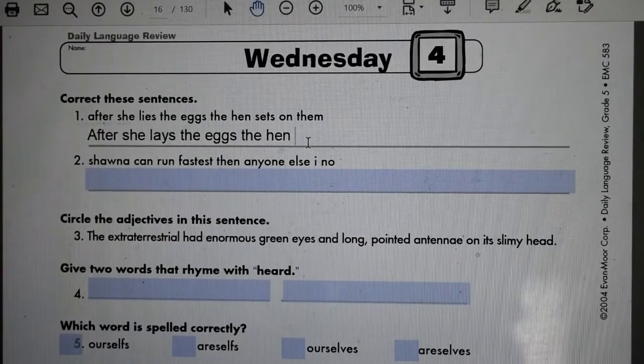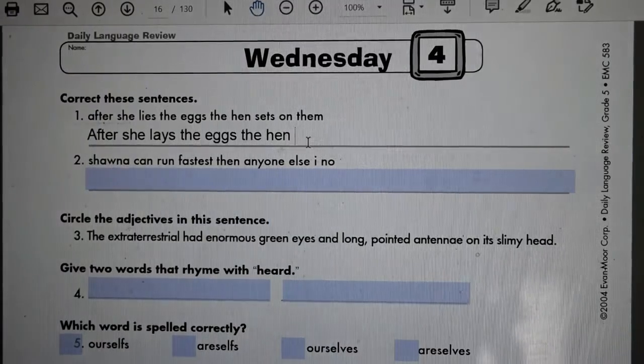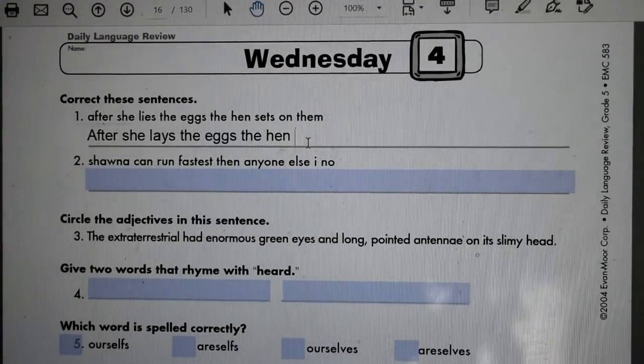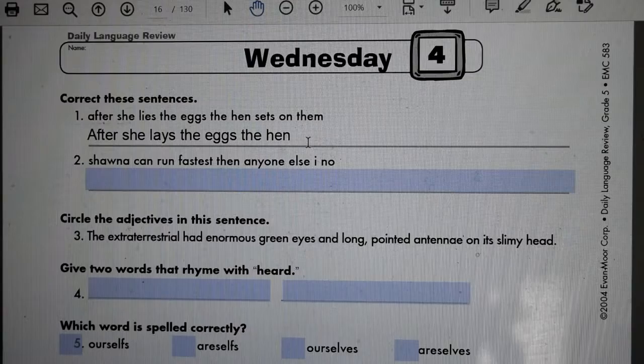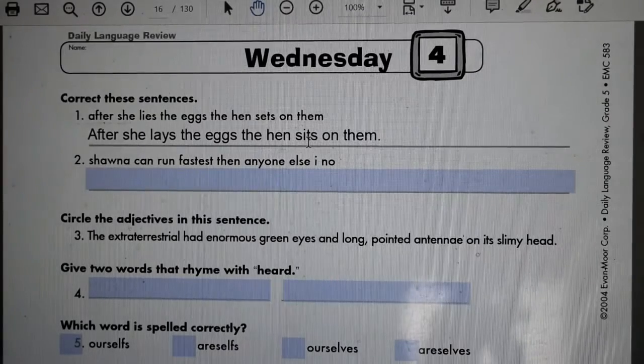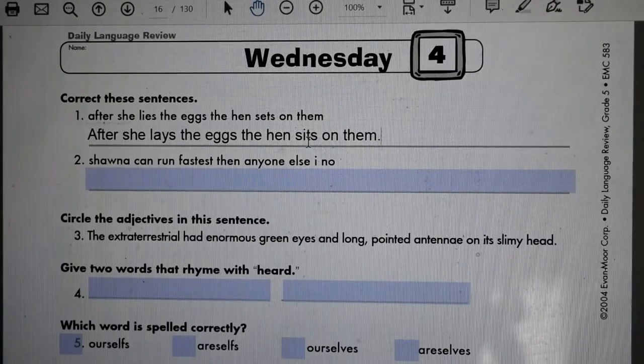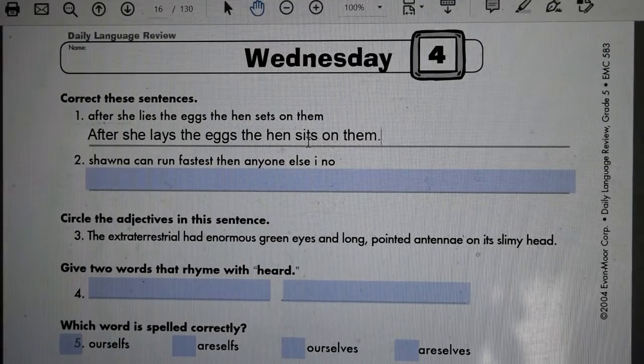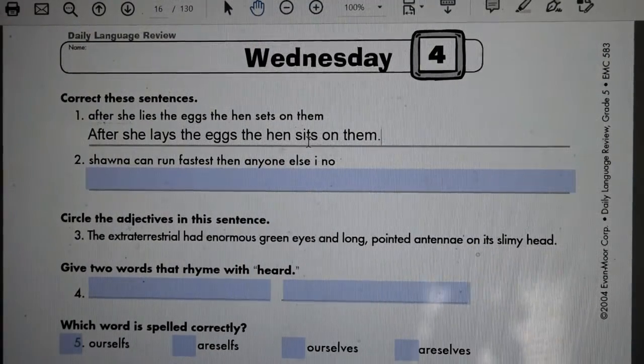It sits on them. It doesn't sets on them. Set means you place something on something else. But in this case, the hen sits on them, period. All right, so after she lays the eggs, the hen sits on them. So we had to change lies to lays and sets to sits.